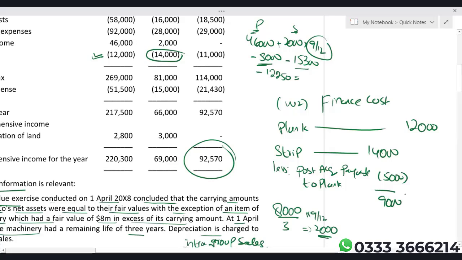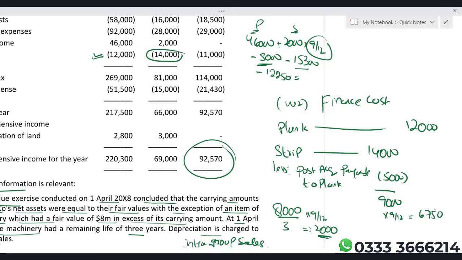Subsidiary has a finance cost of 14,000, but first we have to deduct the 5,000 interest payable that arose in the post-acquisition period between parent and subsidiary. So first eliminate that interest payable to parent. We are left with 9,000. Now this 9,000 will be time apportioned 9/12: 6,750.